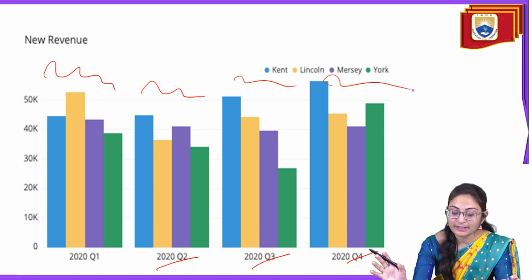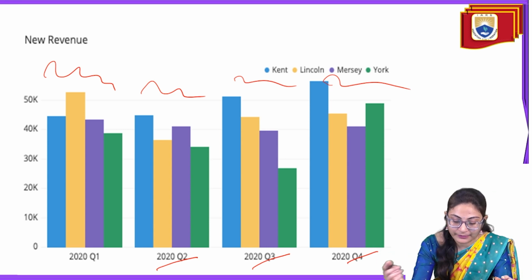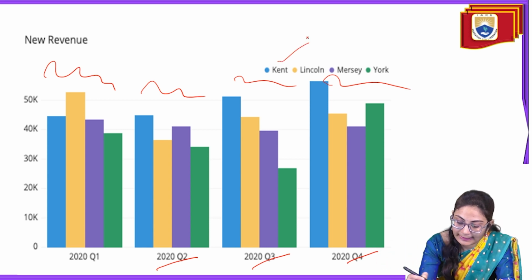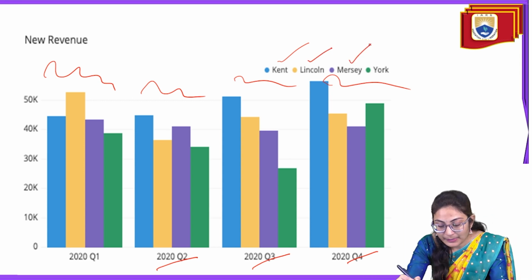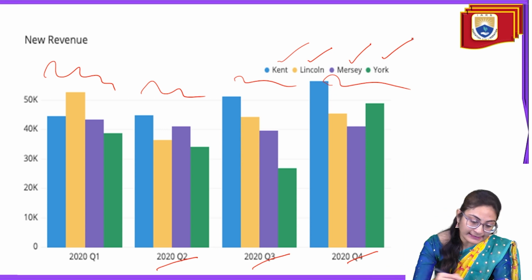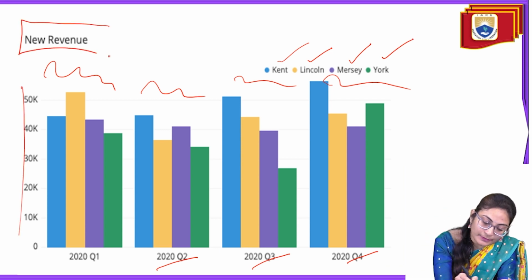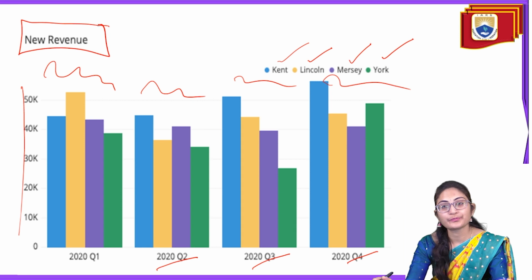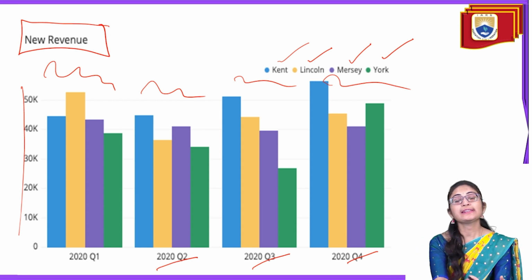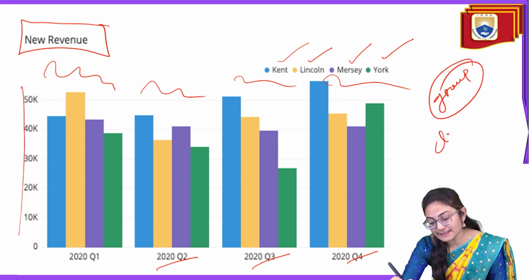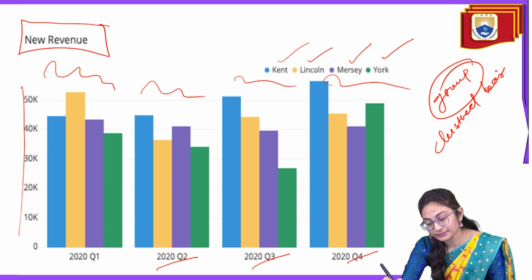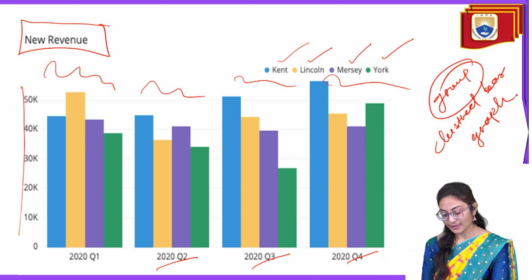Every color is showing different values, like sky blue color is showing Kent, yellow color is showing Lincoln, Mercy and York. And these are your values, and this is the chart for the new revenue. And this data we have shown in the form of the group. That means we can say it is a clustered bar graph.